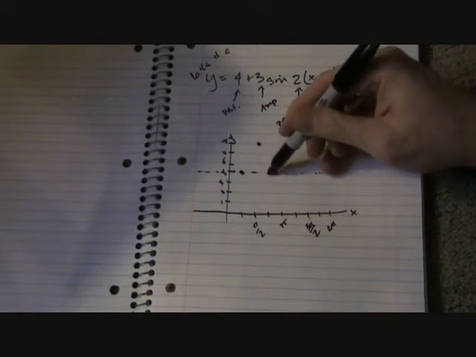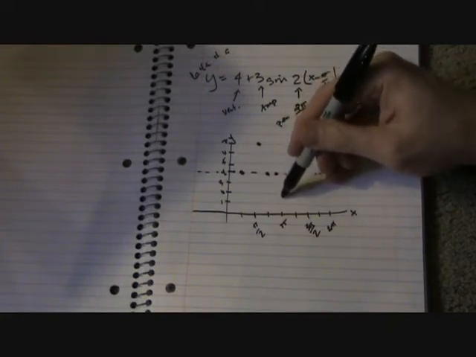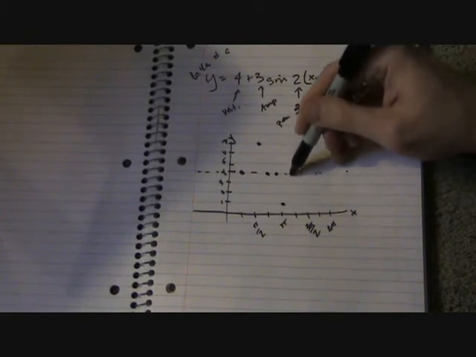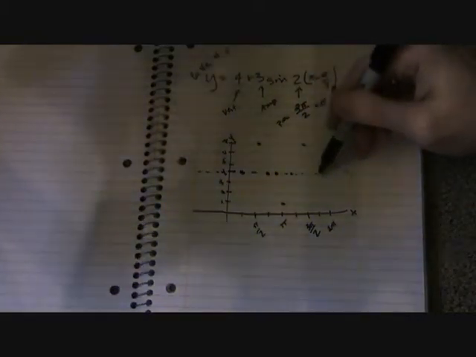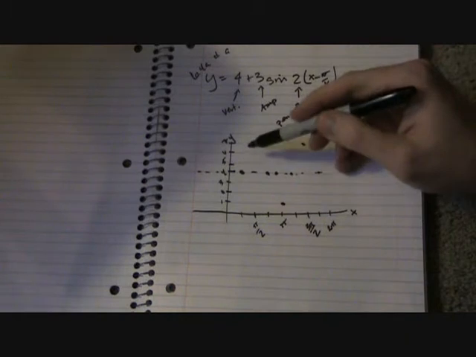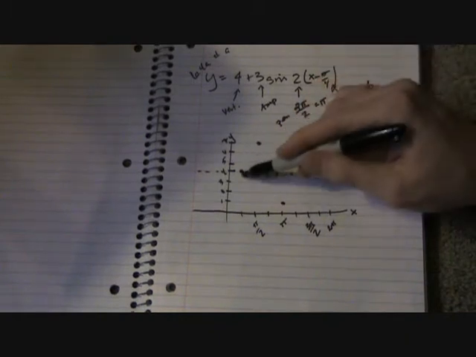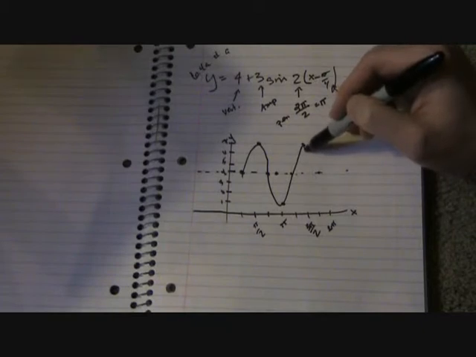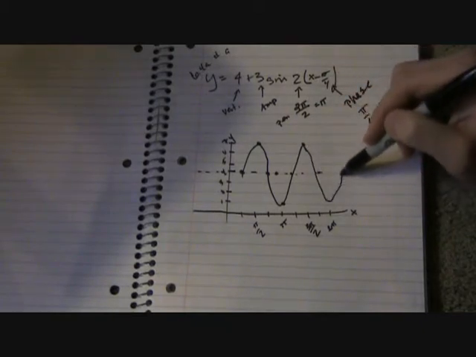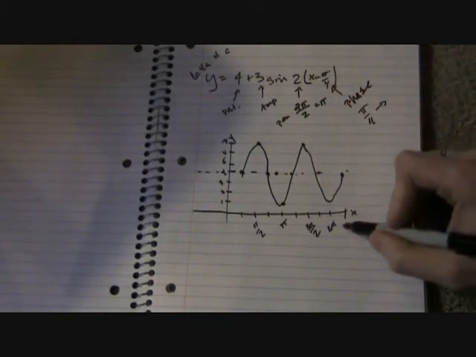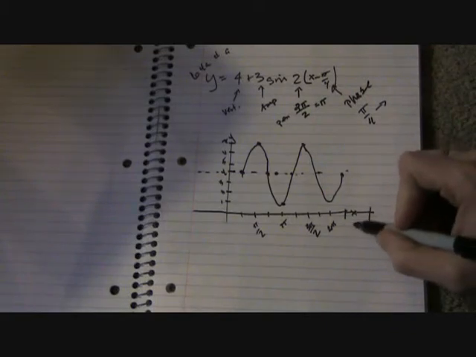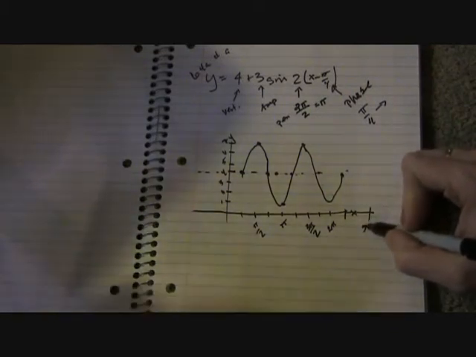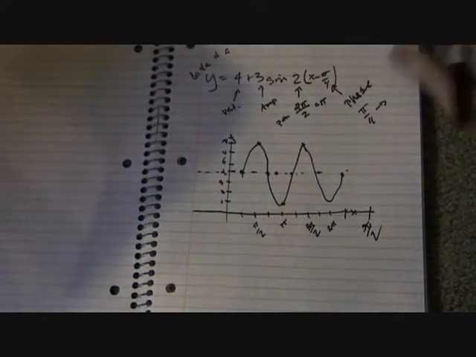Sorry, I'm doing this way off on the sides. It's a little bit hard to see or line things up appropriately. So you come up, come back down, come back up, and then you come back down and come back up. You're going to finish right over here. It would actually be, let's see, this would be 5 pi over 2. Okay?